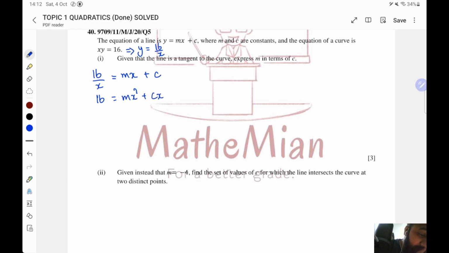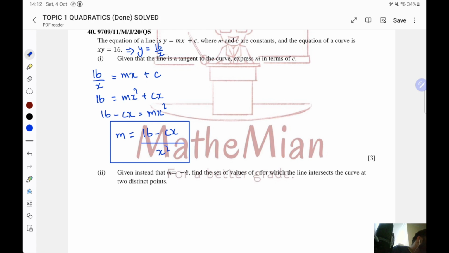You need to express m in terms of this, so it will be 16 minus cx equals to mx square. So m will be equals to 16 minus cx divided by x square. We were supposed to make m the subject, so that's how you make m as the subject.